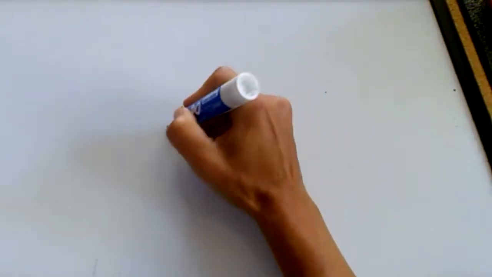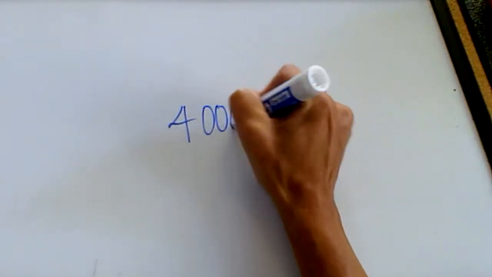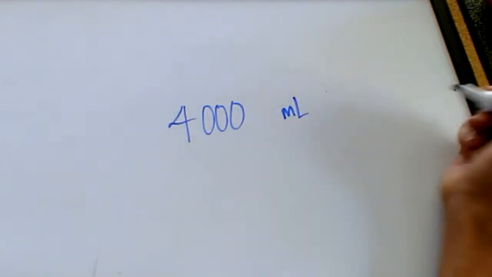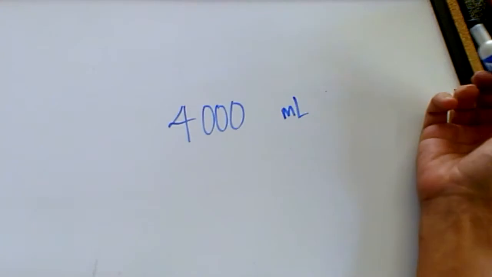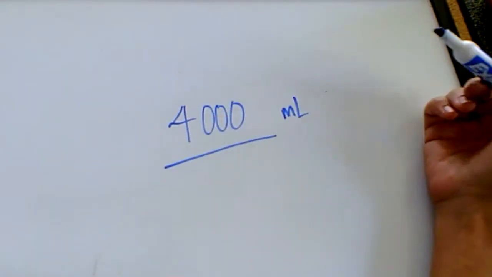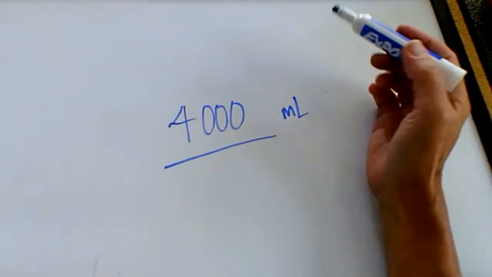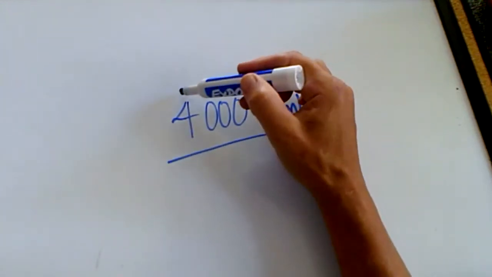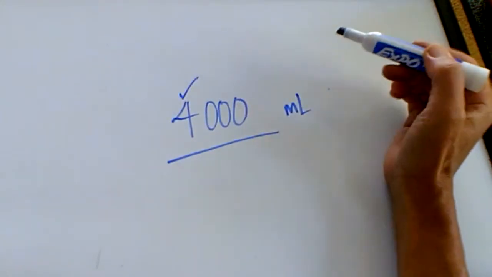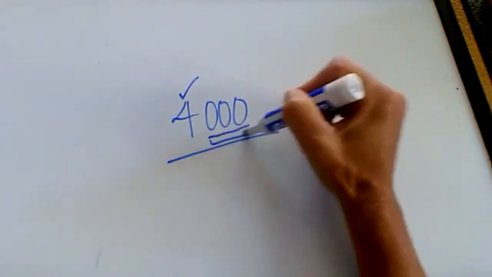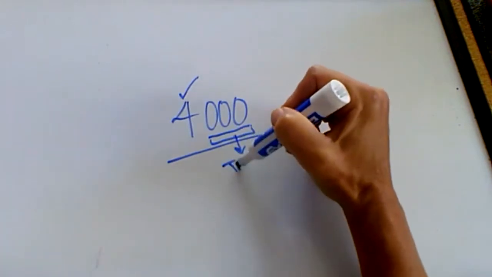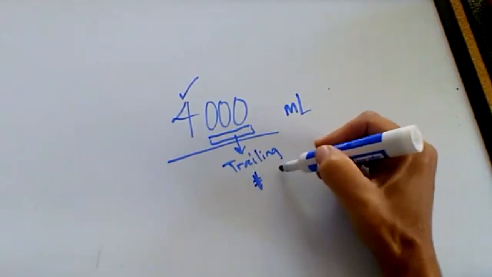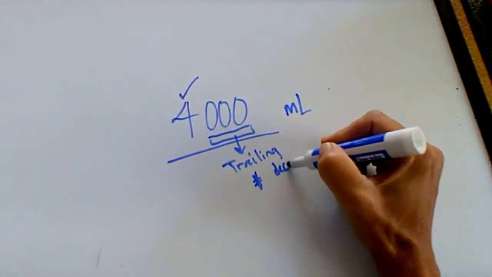Let's say that we have 4,000 milliliters. Milliliters are common. Well, how many sig figs are in this measurement that you wrote down? Doesn't look good to me. 1 is never good. The 4 is significant because it's not a 0. These are trailing zeros. Remember, if they're trailing, we must see both a number and a decimal in front.